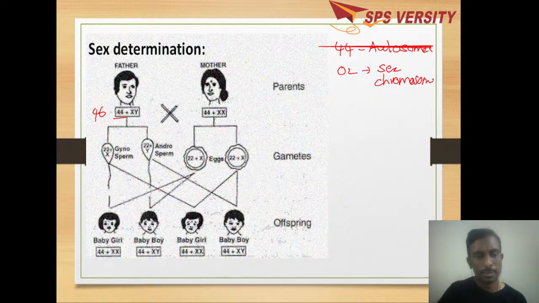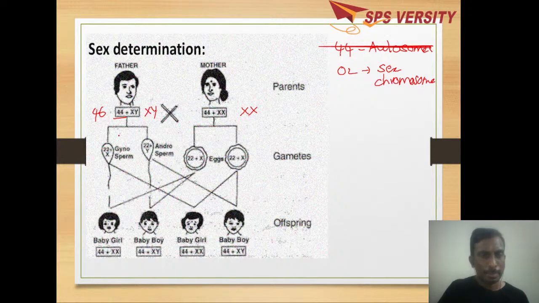The 44 are common in both male and female. In the female there are 2 X chromosomes. In the male there is 1 X and 1 Y chromosome. As there are 2 different types of sex chromosomes in male, and the same type of sex chromosomes in female.